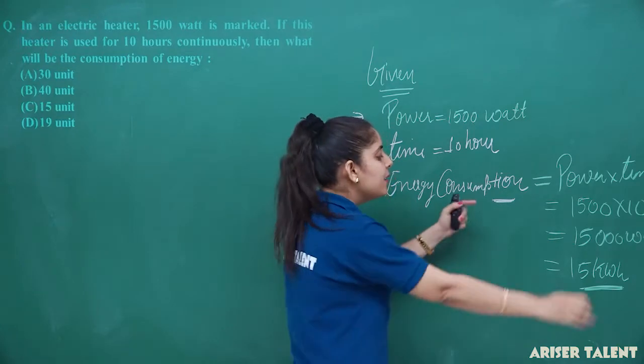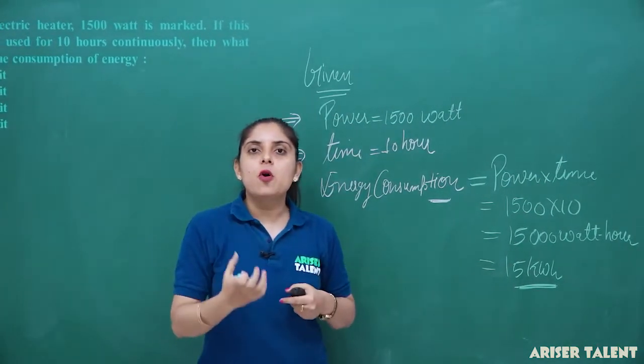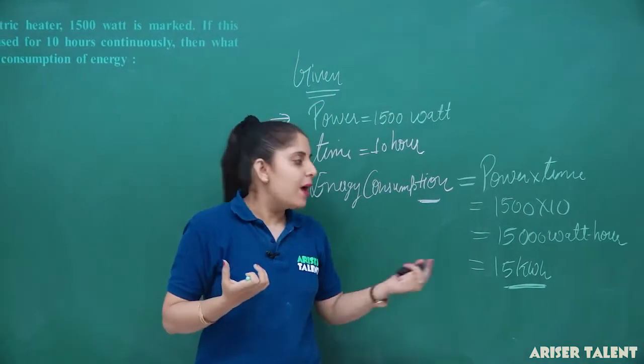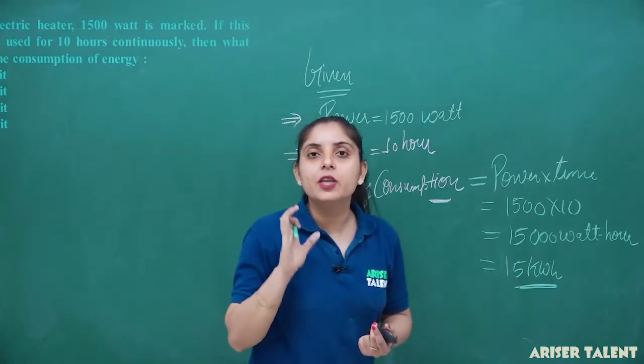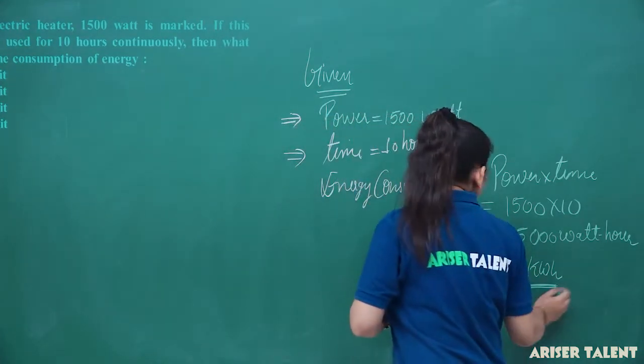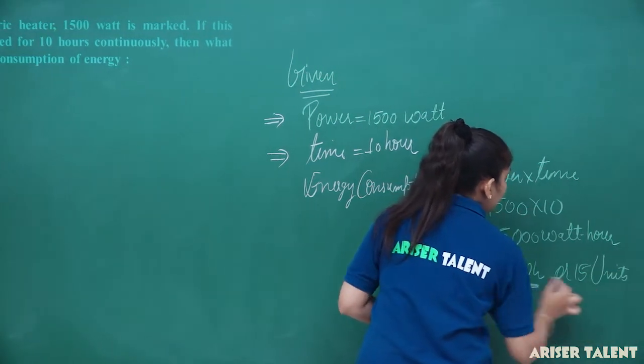And do you know that kilowatt hour is the basic unit that is called a unit in our homes. If I am consuming 15 kilowatt hour, I can say that the energy used is 15 units here. So, 15 kilowatt hour can be written as 15 units.